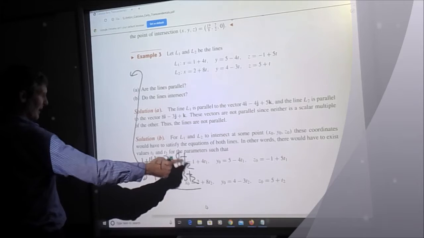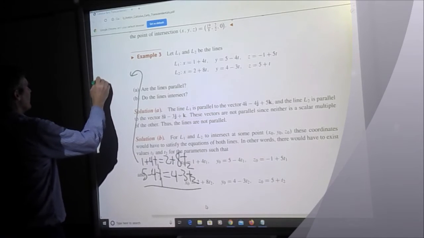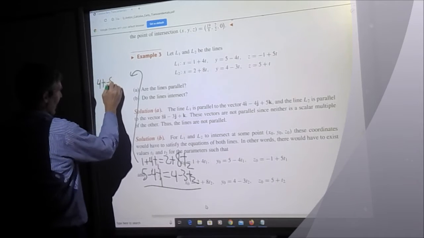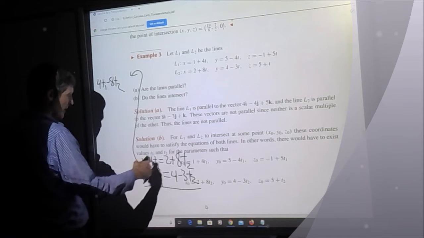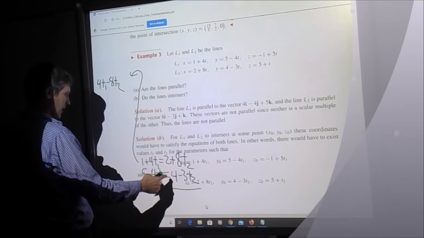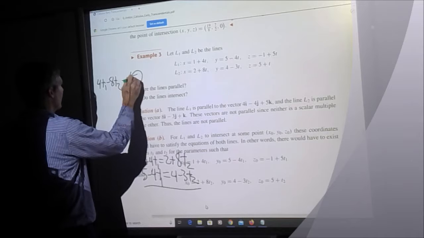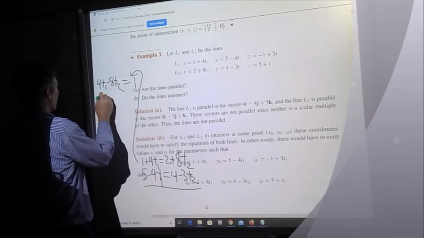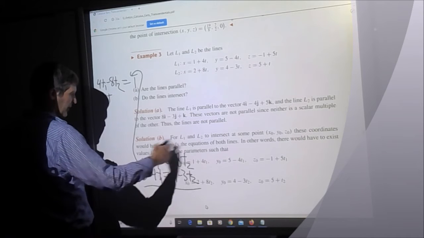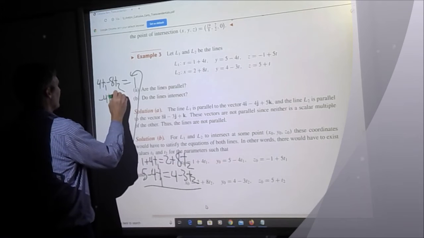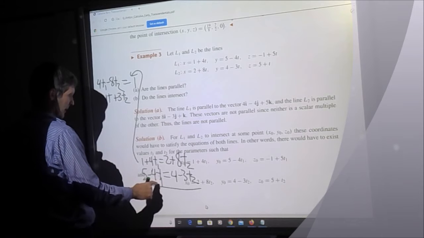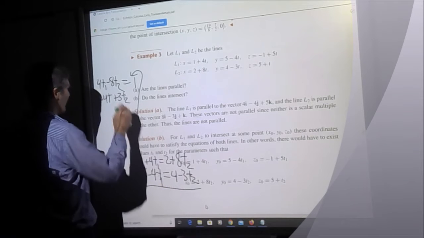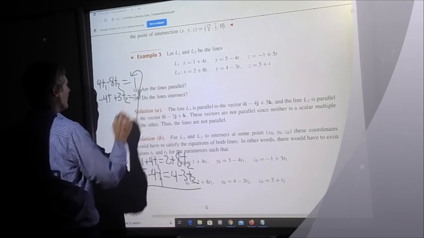If I subtract this over, I get 4t1 minus 8t2 equals 2 minus 1, which is 1. And this equation says minus 4t1, subtract this one over, plus 3t2 equals minus 3 minus 5, which is minus 8.